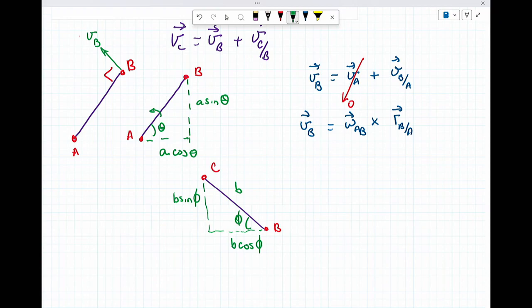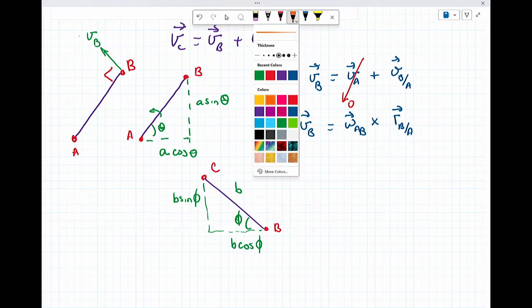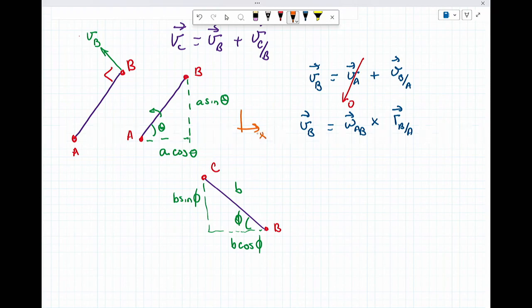So one of the things I should do right away, and I didn't do at the beginning, is to put my xy coordinates. So my A cos theta is good, my A sine theta is good, B sine phi is good, it's all positive. This one is negative.